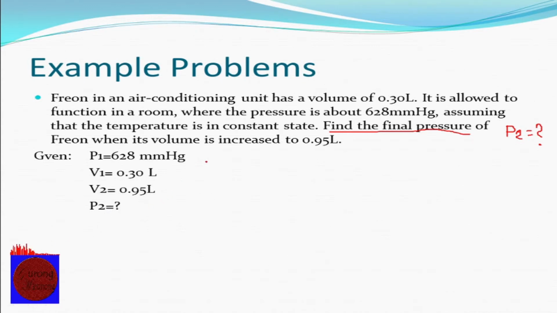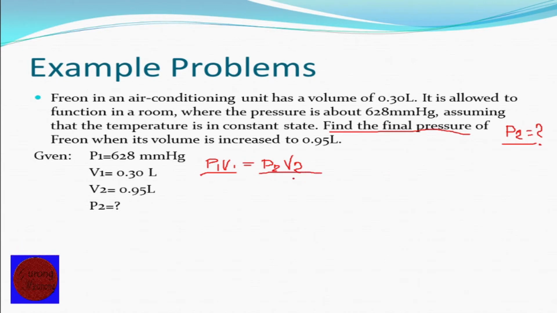So by using the formula, P1 times V1 is equal to P2 times V2. So paano natin kukunin yung P2? So first, para makuha natin yun, i-derive muna natin ang formula.